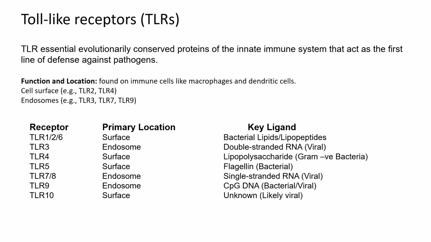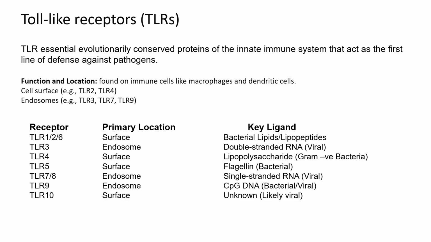The toll-like receptor is a very specific protein. It was discovered initially in Drosophila as a part of innate immune sensors. These are innate immune sensors, constantly present and very conserved evolutionarily.